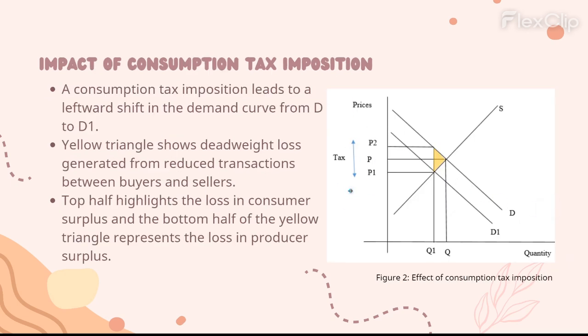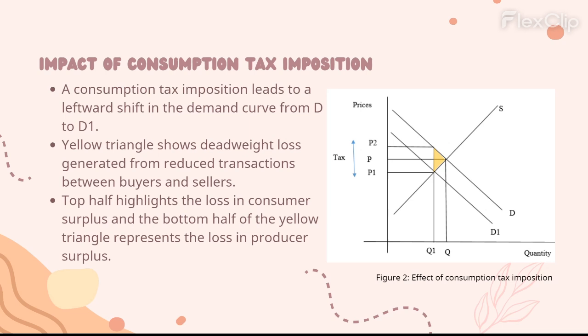And slide 3 shows the effect of a consumption tax in the nation. It caused the demand curve to shift to the left from D to D1. Furthermore, this leads to a reduction in quantity because of the price rise.